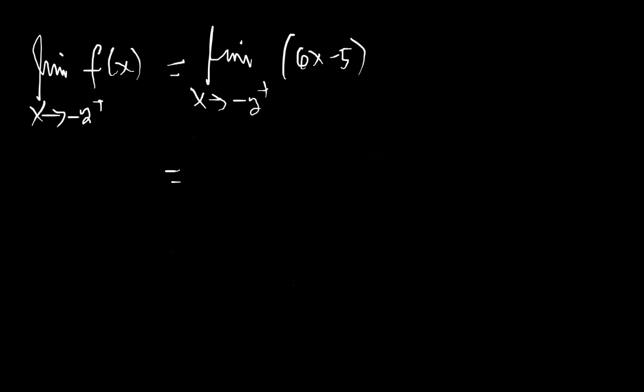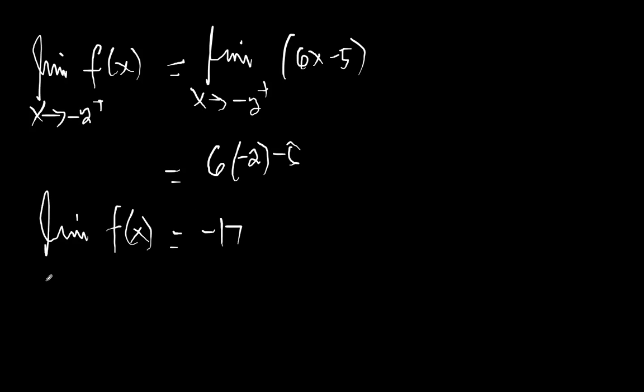Here we can do direct substitution. That's 6 times -2 minus 5, which is equal to -17. That's the limit of f of x as x approaches -2 from the right.